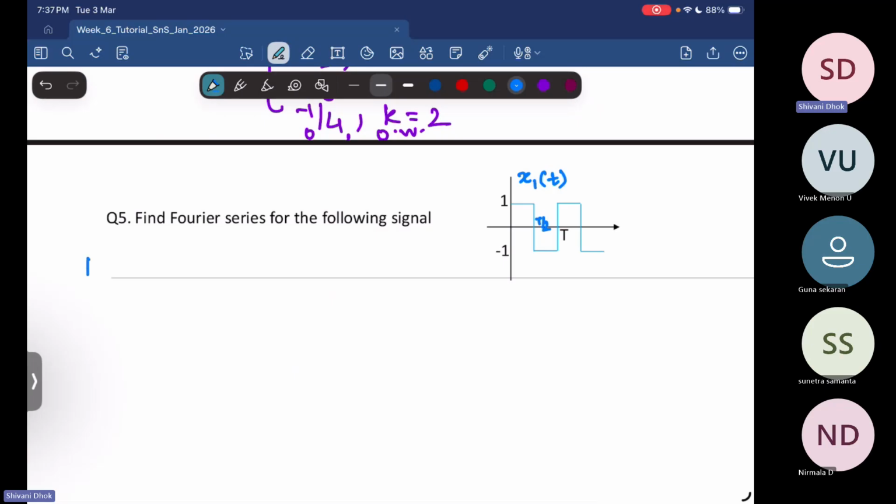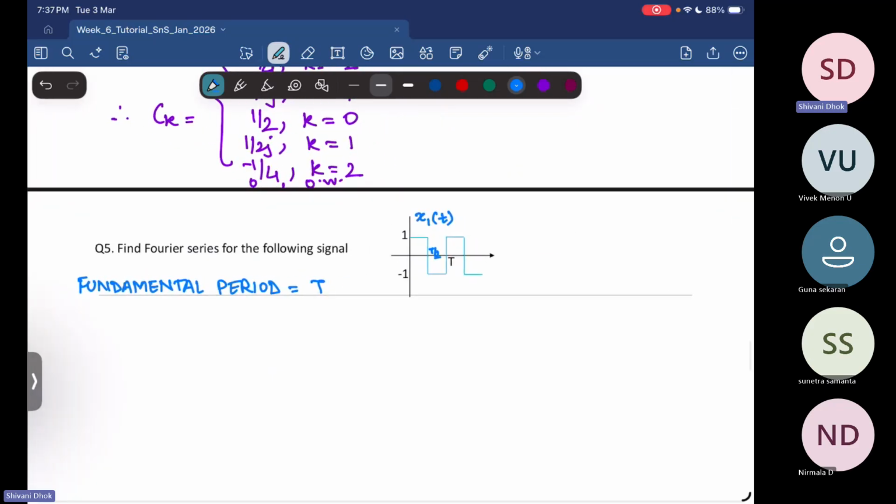So the fundamental period of this particular signal is T, which means that your fundamental frequency is 2 pi by T. Okay, so this is your fundamental frequency.